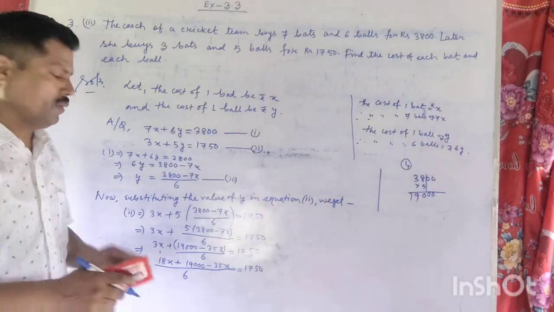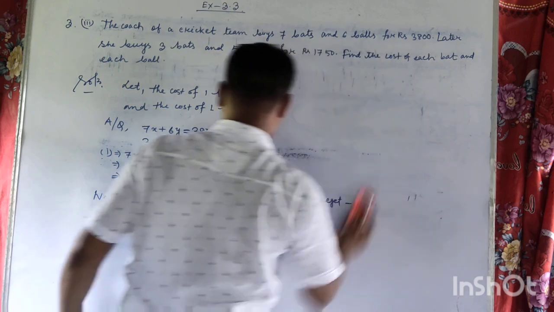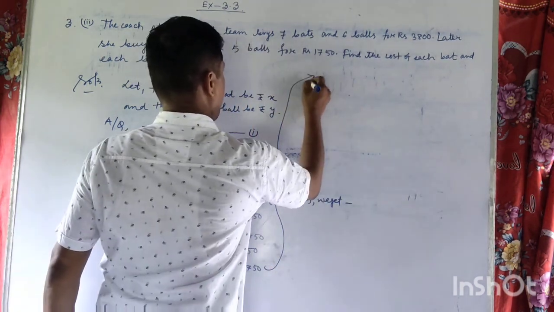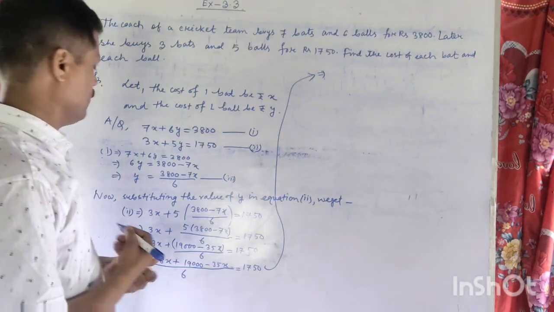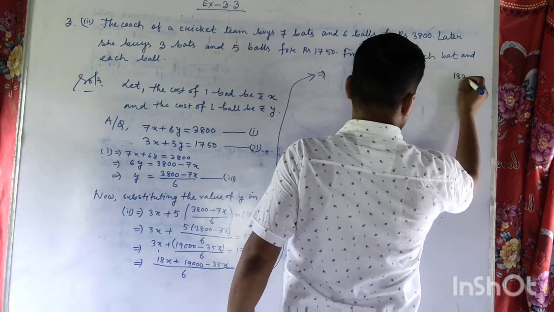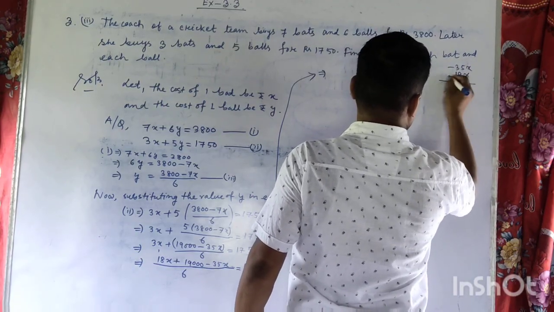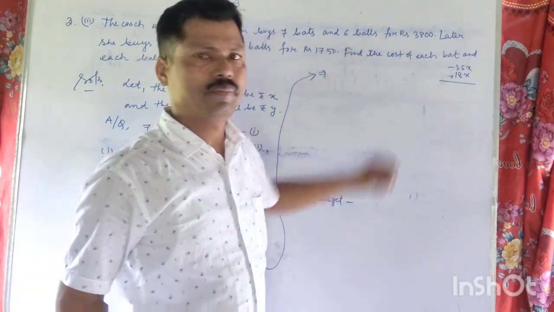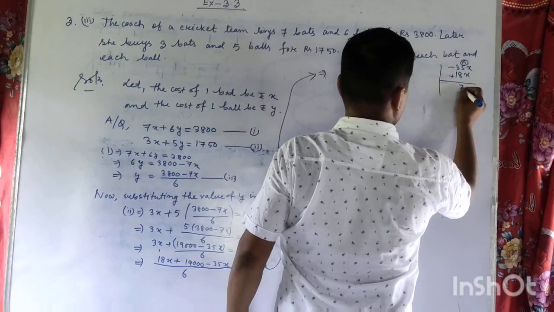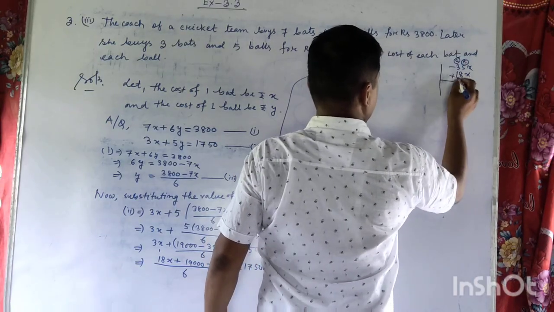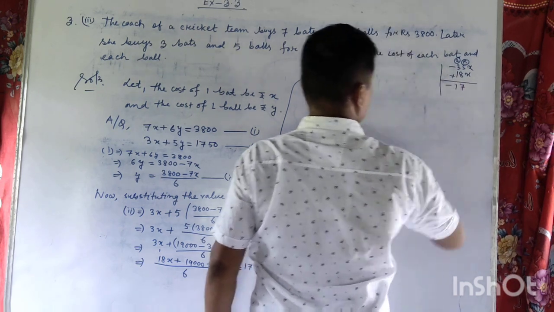Here next, now 18x and minus 35x. 18x is positive and minus 35x is negative. So the negative value is more here. 35 minus 18 is 17, but there will be a minus sign.